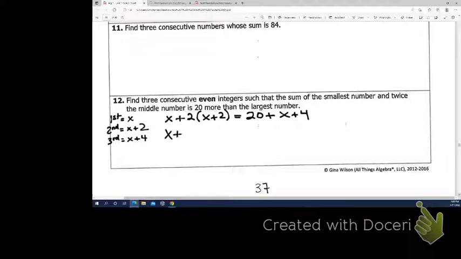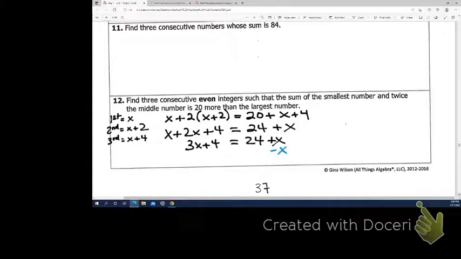So distribute. I distributed, and I went ahead and cleaned things up on the right side so I'd have less writing to do. Finished combining my like terms over here. Then I need to get those x's on the same side, so I'm going to move that variable.